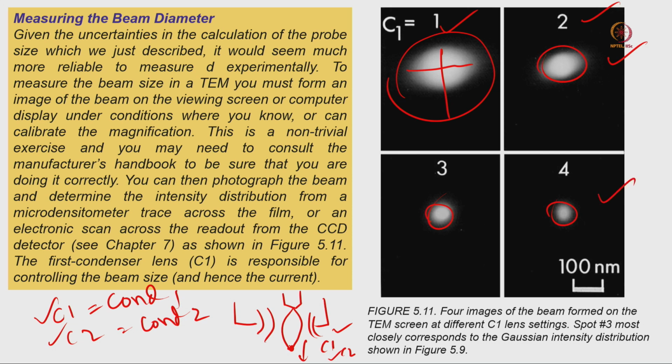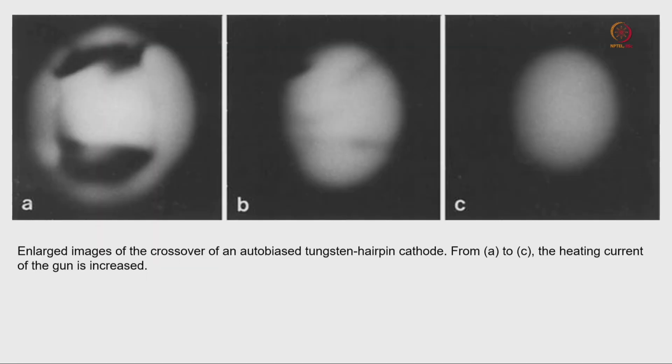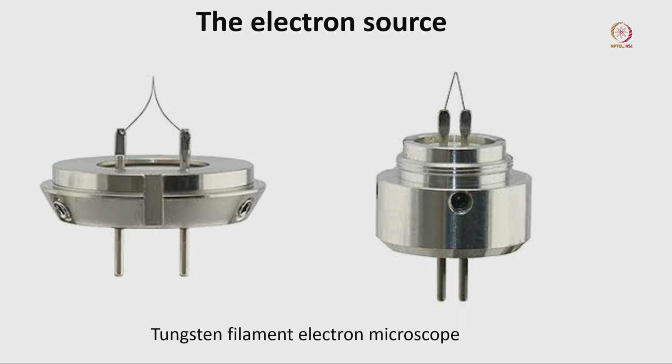The gun lens is the first lens of the microscope, and then it comes to condenser lens 1, condenser lens 2, and condenser lens 3. In this scenario, it will be better to know how this lens system is helping us. So we are going to discuss the lens system in the next part.